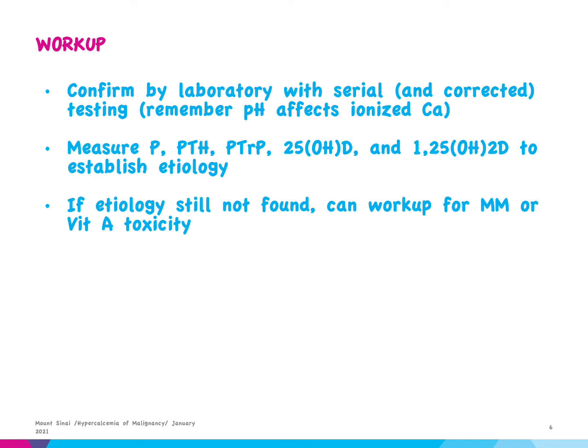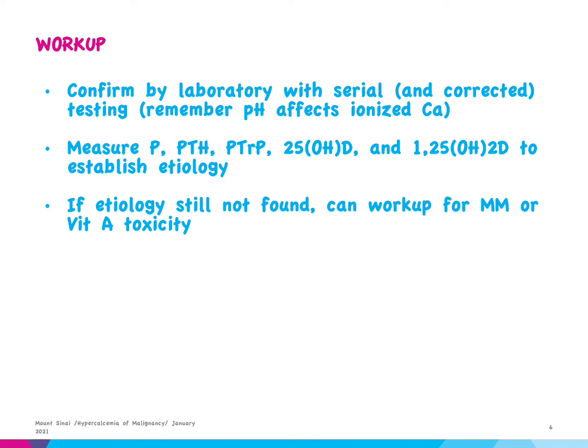As part of the workup, just confirm it by a laboratory, measure it more than once, and correct it with albumin. And yes, just remember that pH affects ionized calcium.